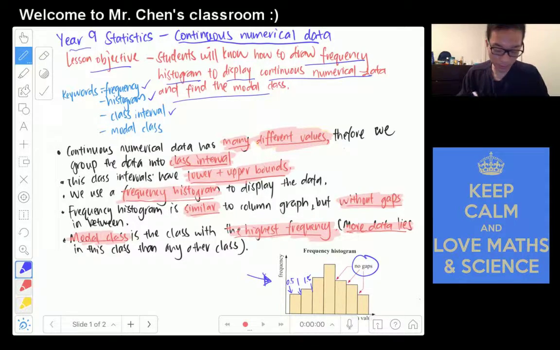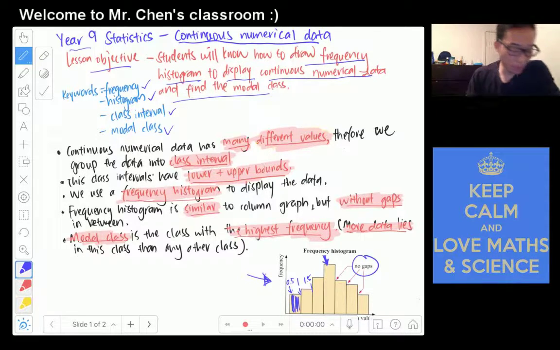That whole thing is the class interval. And the modal class is the class that occurs the most, the one that has the highest frequency, like that one. I'll talk a little more about that later as well.